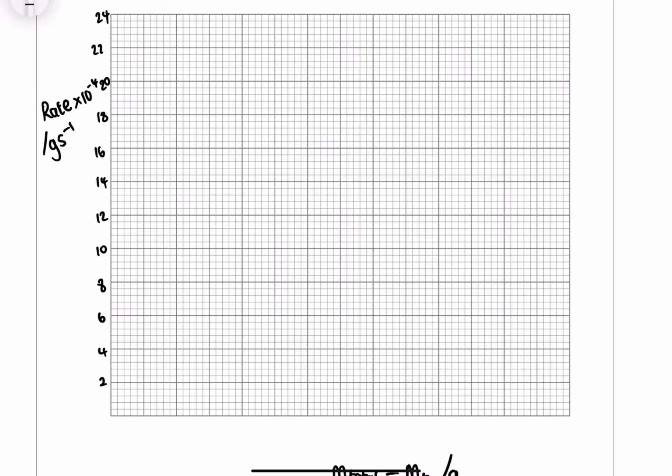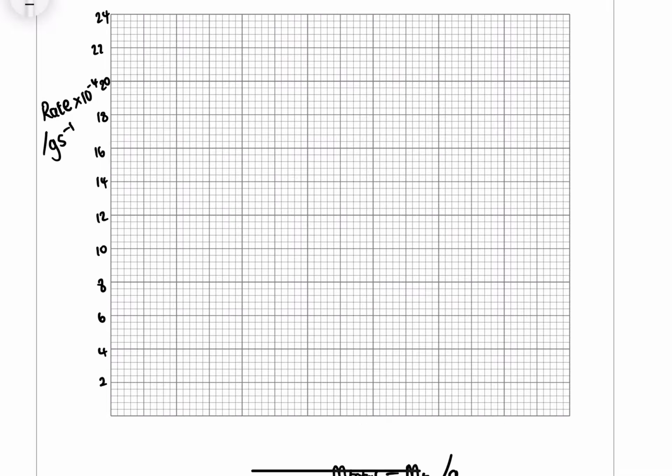And then along the bottom, we need to go from 0.1, being our smallest, to 0.34. And we've got 1, 2, 3, 4, 5, 6, 7, 8, 9, 10, 11, 12, 13, 14 squares. If we were to do 0.025s on 14 squares, it will take us to 0.35.